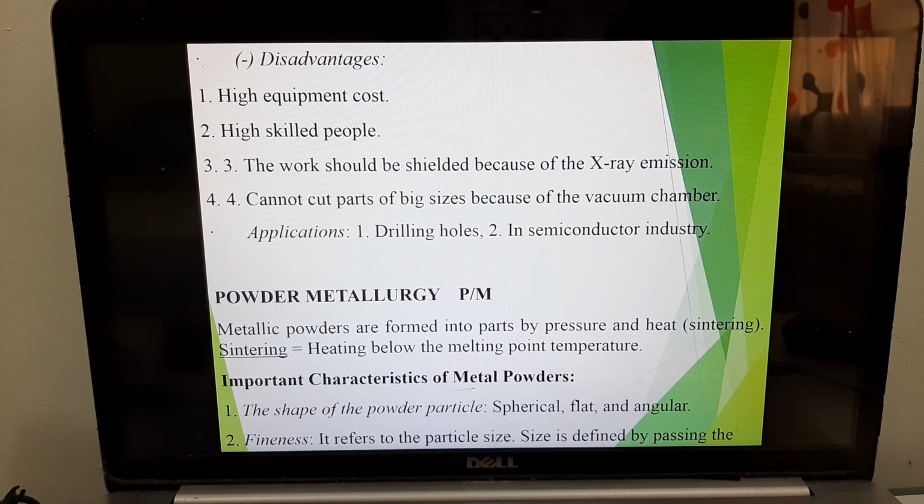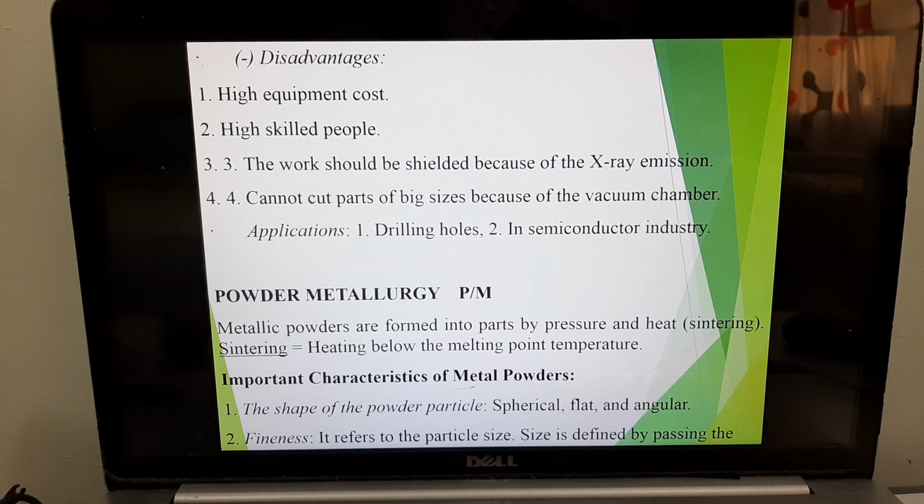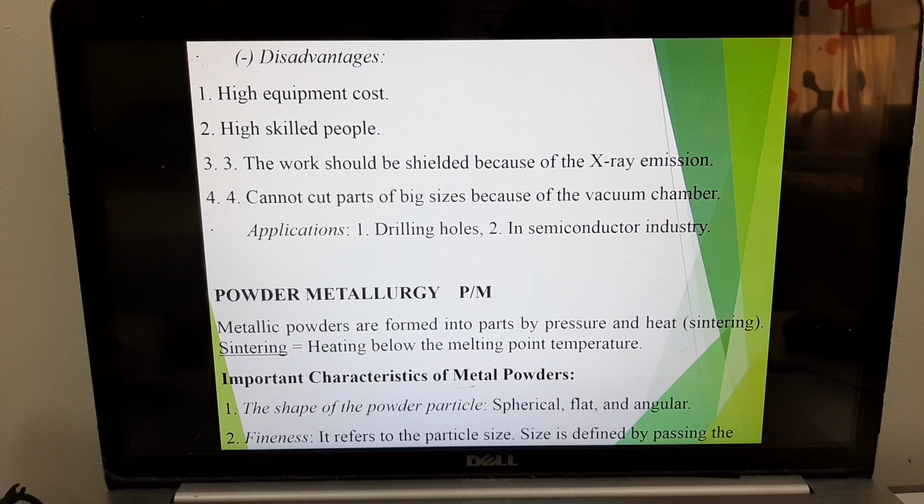The next topic for today is powder metallurgy. What is powder metallurgy? It is a similar concept to die casting, whereby in die casting, your metal is melted all the way to liquid. We call it molten metal.